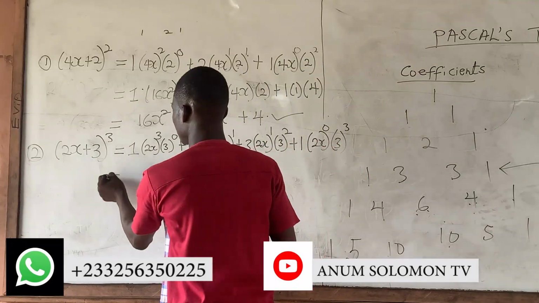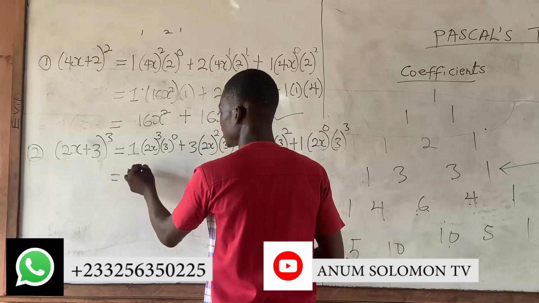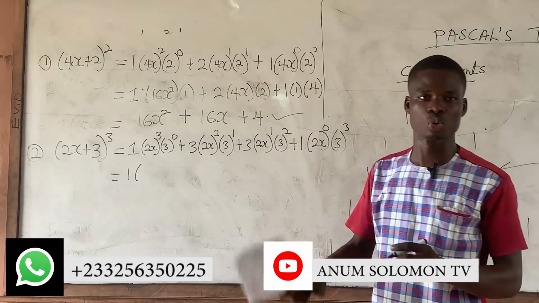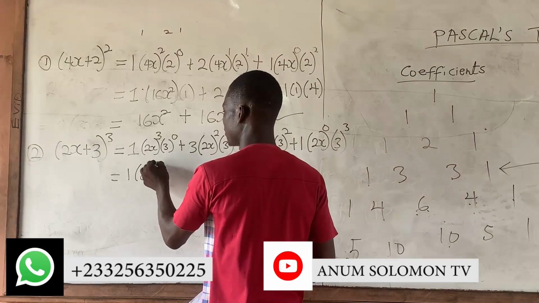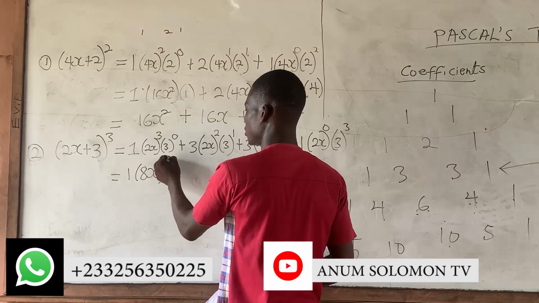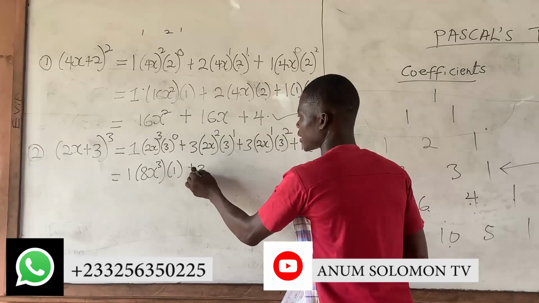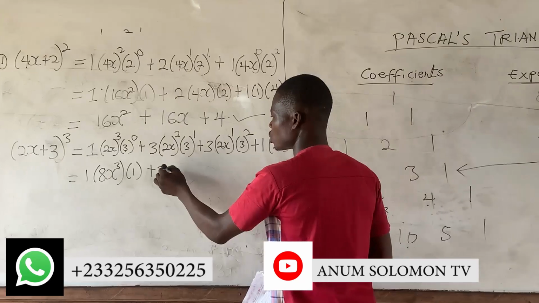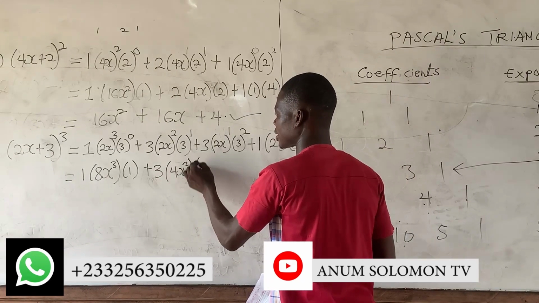So now let's move on. We have our 1 here. 2 power 3 is 2 times 2 times 2, which is 8x cubed, times 3 power 0, which is 1. Plus this 3: 2 power 2 is 4x squared, 3 power 1 is 3.